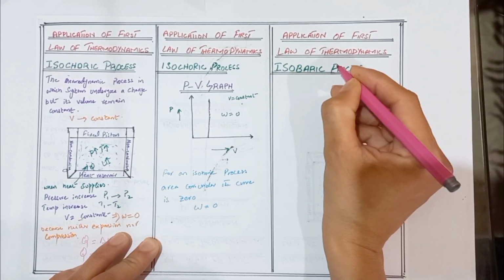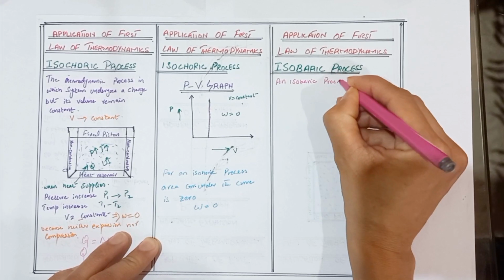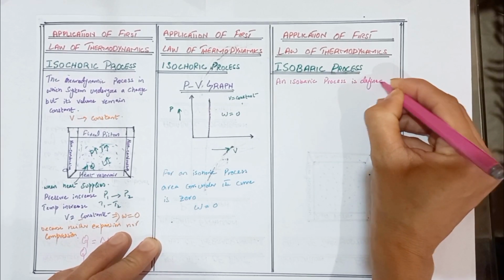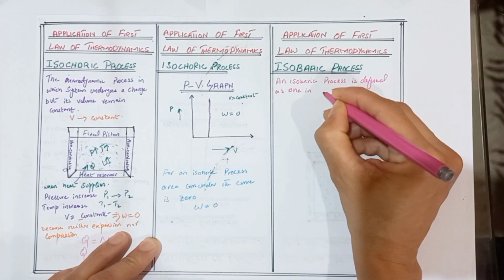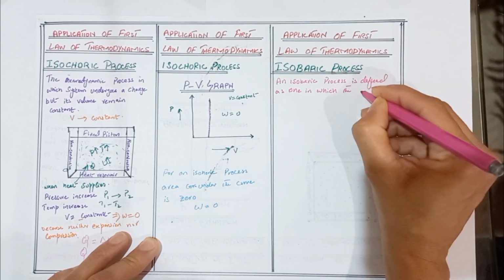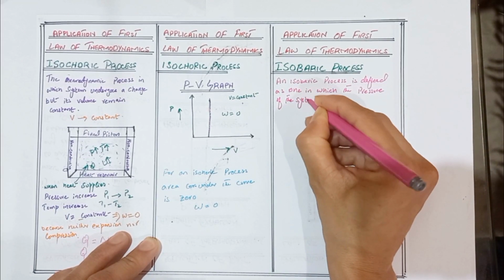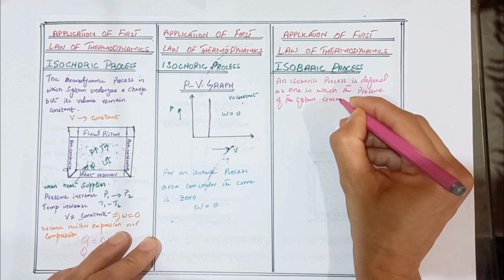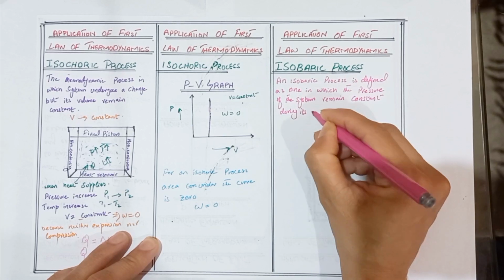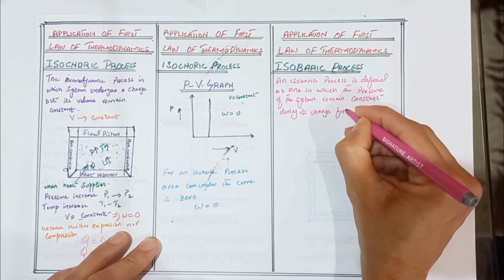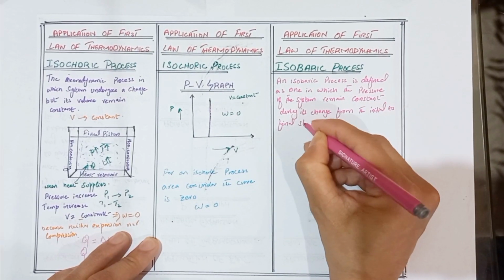First we discuss the definition. What is the isobaric process? An isobaric process is defined as one in which the pressure of the system remains constant during its change from the initial to final state.